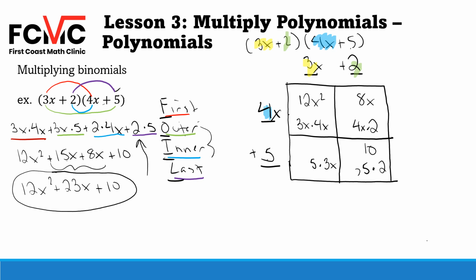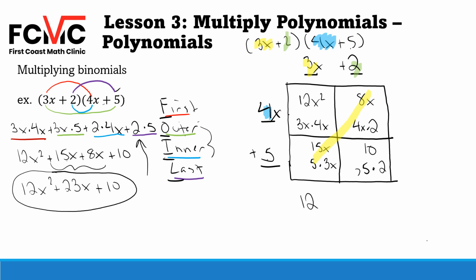And then 5 times 3x is going to give me 15x. So we notice here, diagonally, we've got our like terms, 15x and 8x. Going to add those up, and we're going to get 23x.